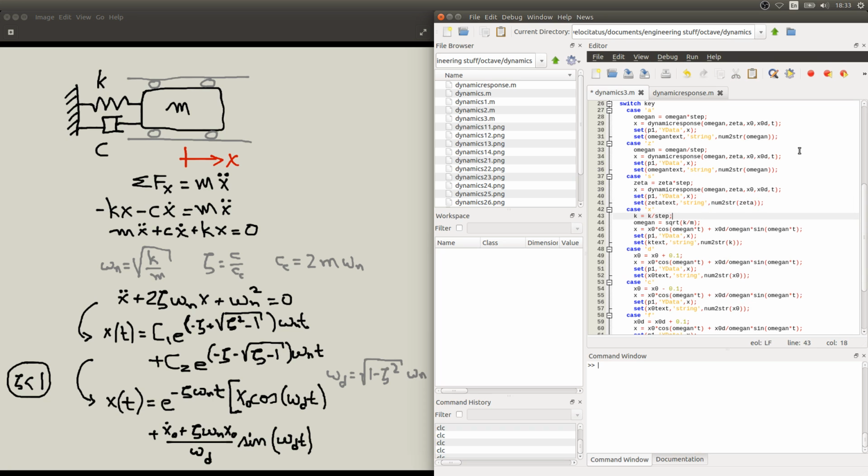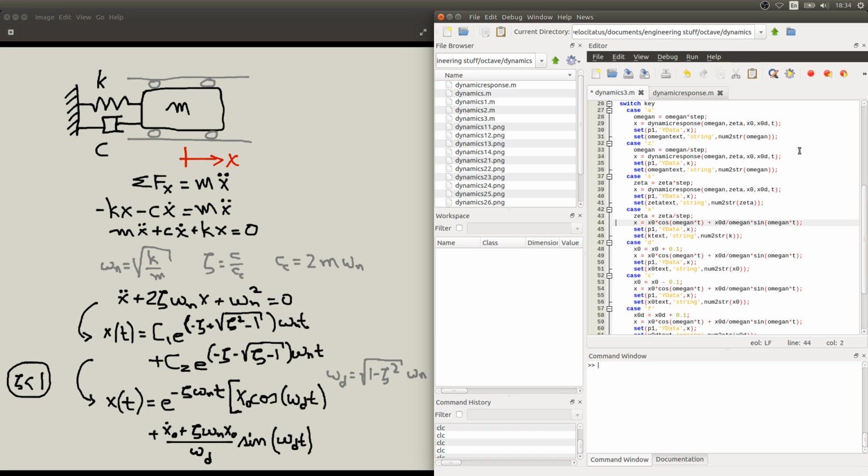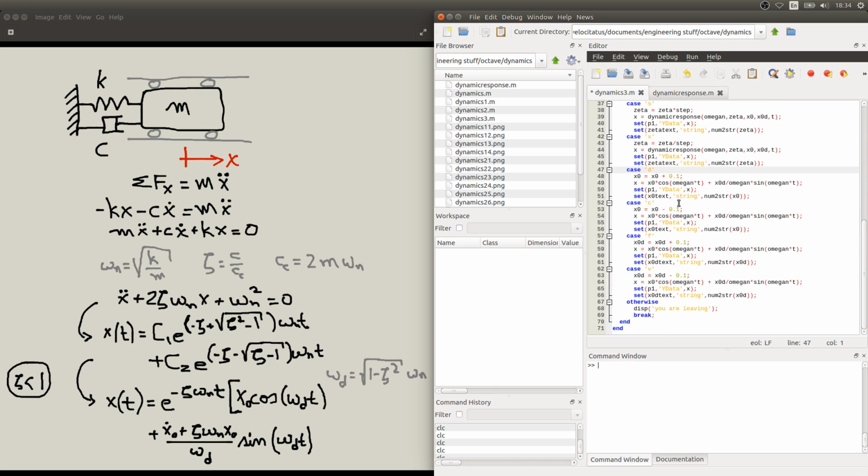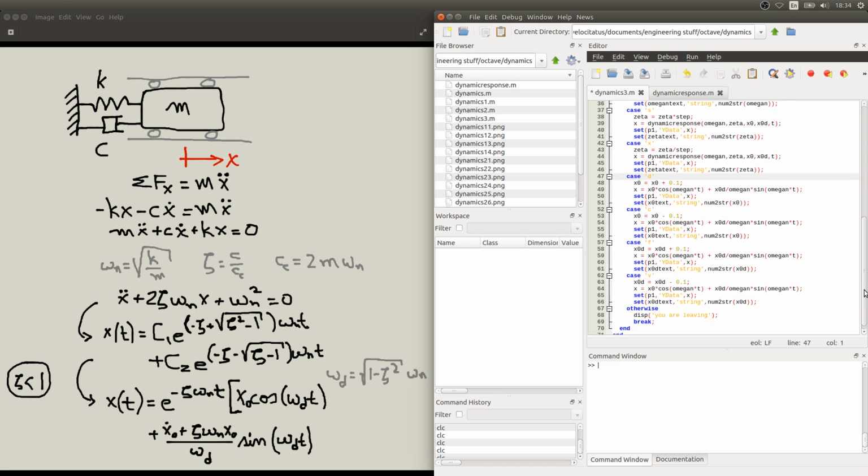And finally the last one. Updating the text as well for zeta instead of k. So there we go. So just to remind us where this switch structure ends, we still have the increase and decrease of the initial conditions of displacement and velocity.